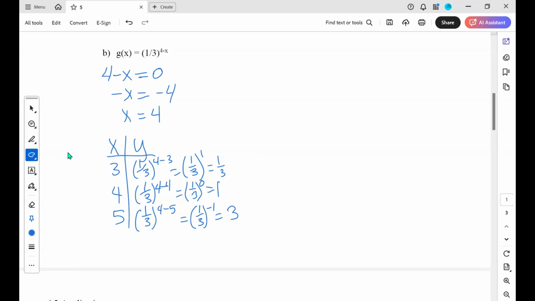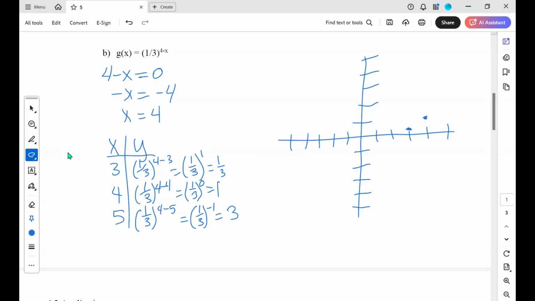All right, now we go do our graph. Okay, so I've got 3 and 1/3. There's that. I've got 4 and 1, and then 5 and 3.